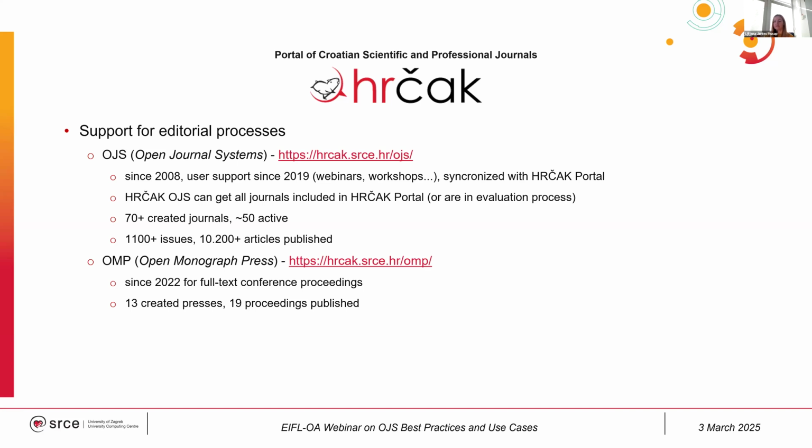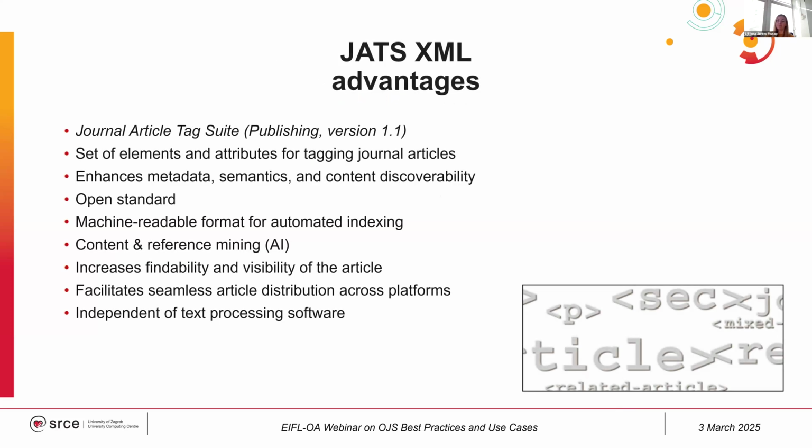This was designed specifically for full text conference proceedings. And in a short time, we have created 13 presses, and there are 19 proceedings published at the moment on Hrčak OMP. So through OMP, we have been able to ensure that conference content reaches a wider audience as well, not only journals and articles.